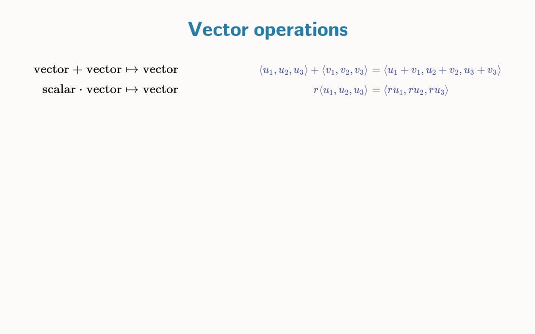Next thing we can do is add a vector to a point.